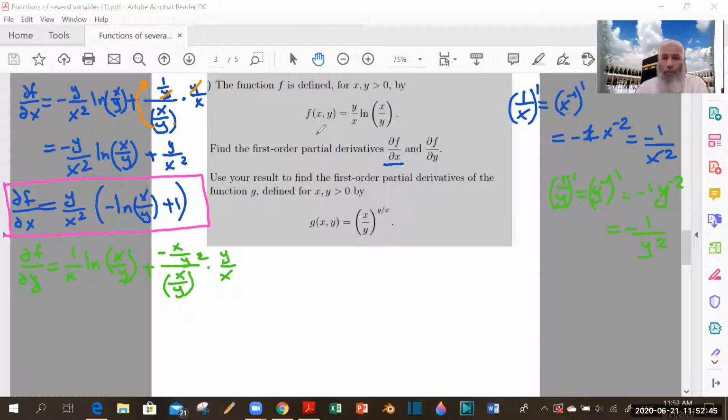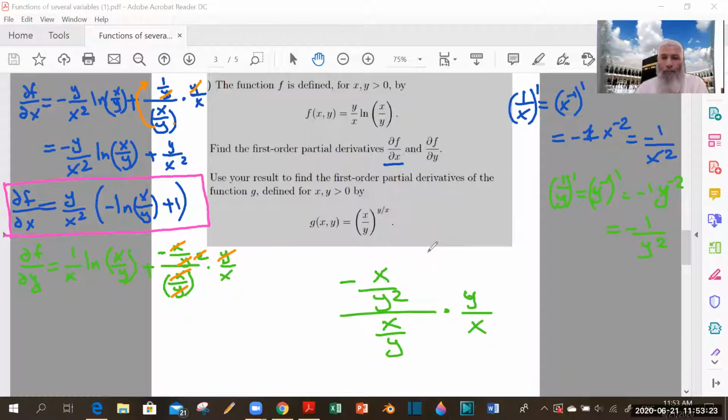We need to do some simplifying again. This y we can simplify with one of the y's in y squared, since y squared is in the denominator, and this x can go with this x. I write it again: negative x over y squared, over x over y, multiplied by y over x.